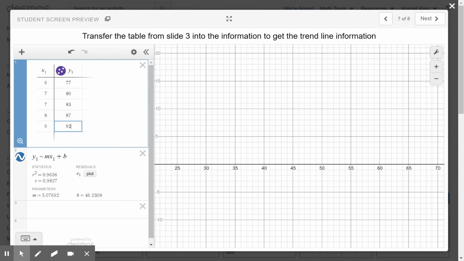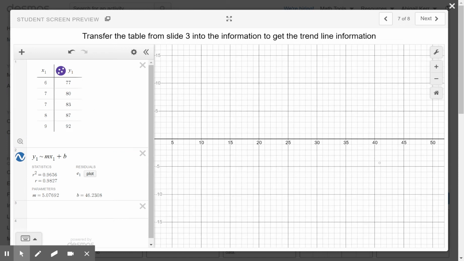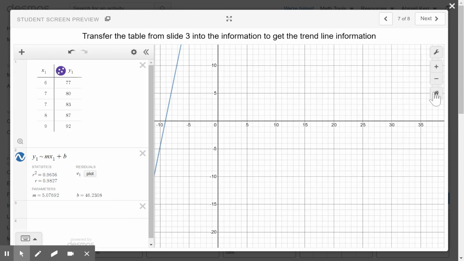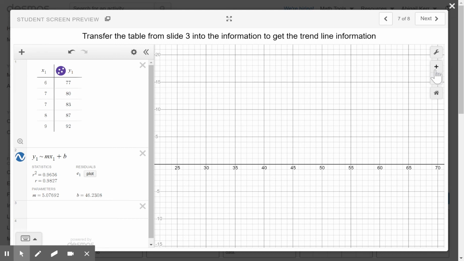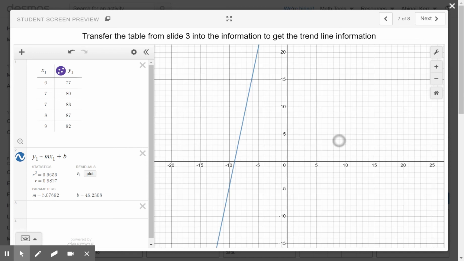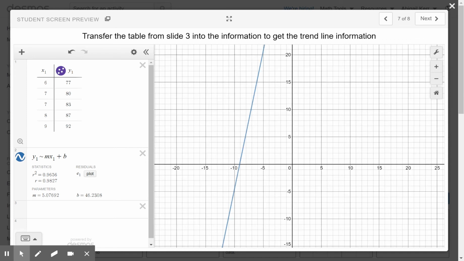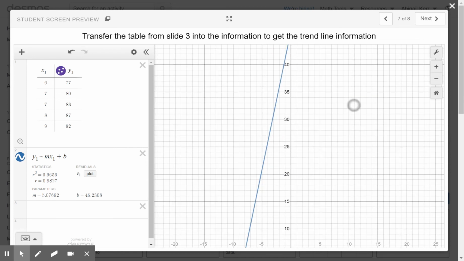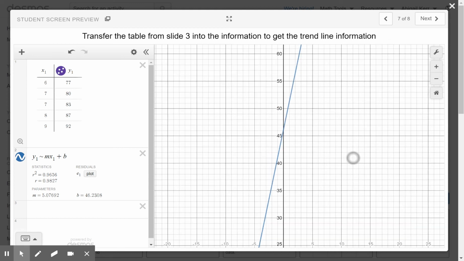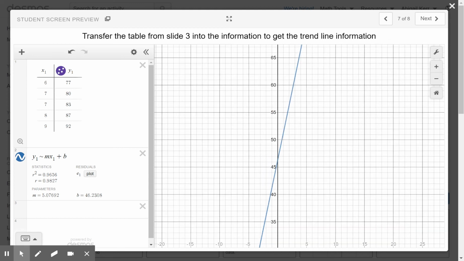Okay, once again, we're going to ignore the r squared and the r. If you don't see the points, all you have to do is kind of zoom back. Notice that the points, think about the y's, they're all the way in the 70s and all the way to the 90s.